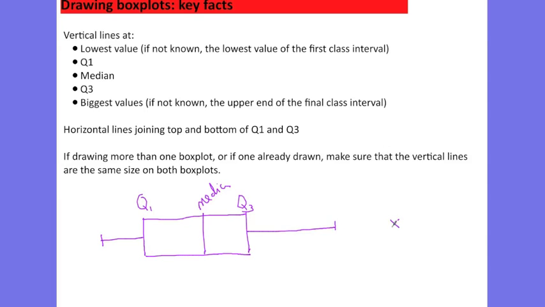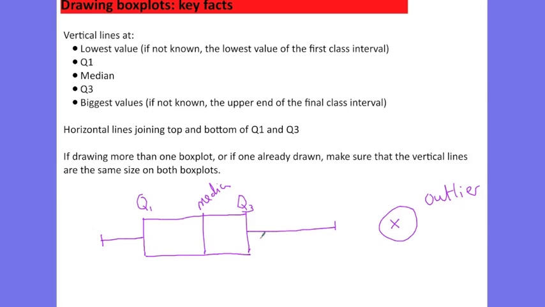There may well be an X this side or an X this side. These are outliers, and we will look at how to calculate those in a moment. If you're drawing more than one box plot, or if one is already drawn, make sure that the vertical lines, these lines here, are the same size on both box plots.